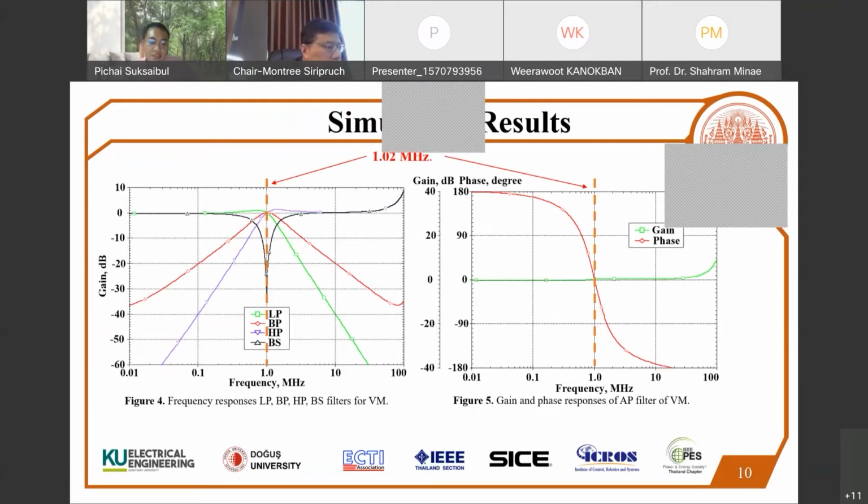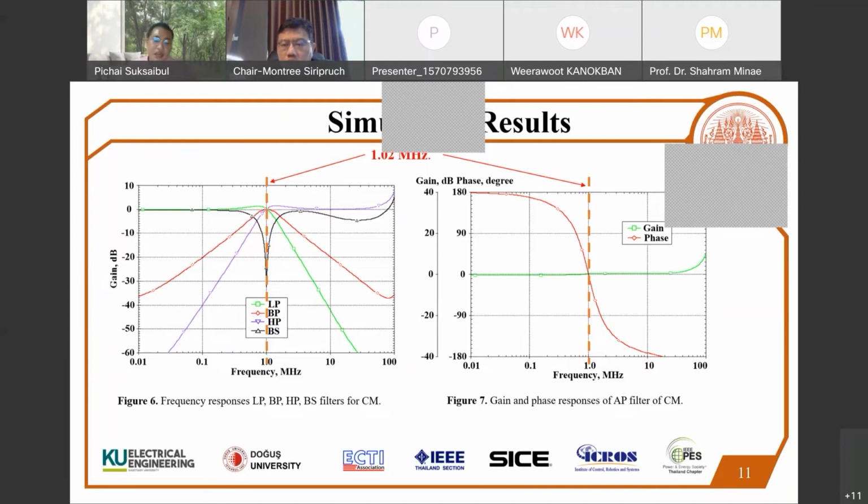This slide shows the frequency response of the low pass, band pass, high pass and band stop filters in figures 4 and 5. I show the gain and phase response of the filters in voltage mode. We found a natural frequency at 1.2 megahertz.